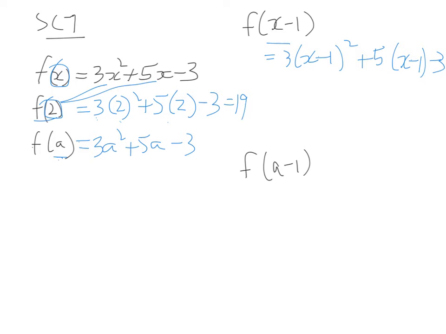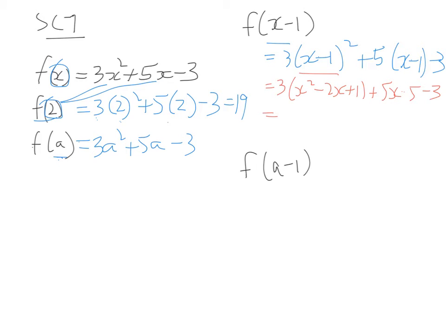So what we've got to do is work with this here. x minus 1 all squared is, so we'll have 3, and then we'll have x squared minus 2x plus 1, plus 5x minus 5, minus 3. Then we simplify this.